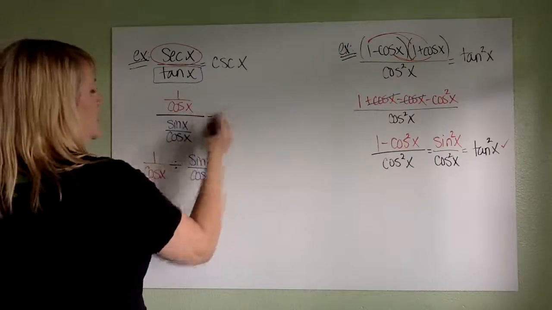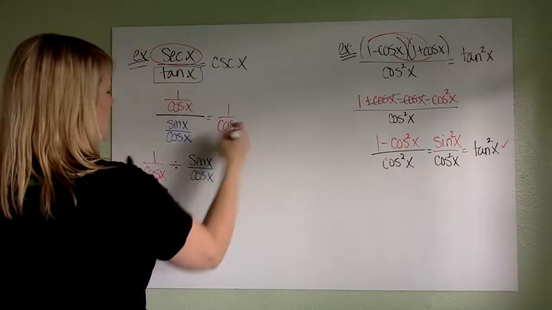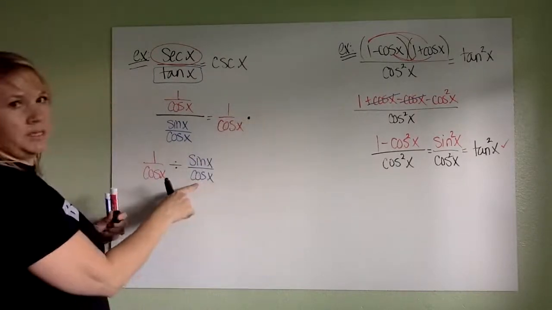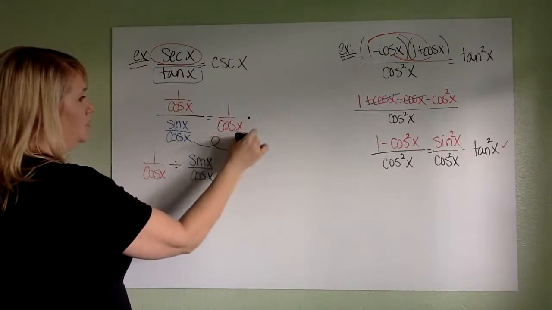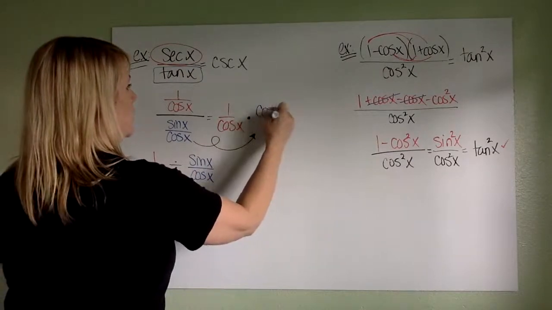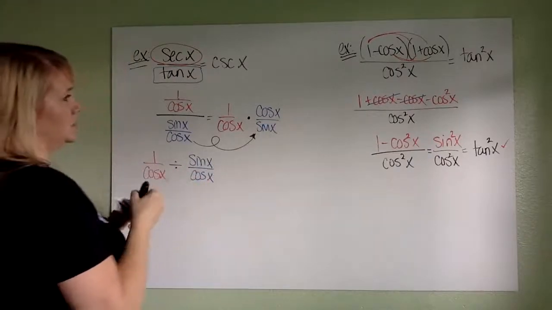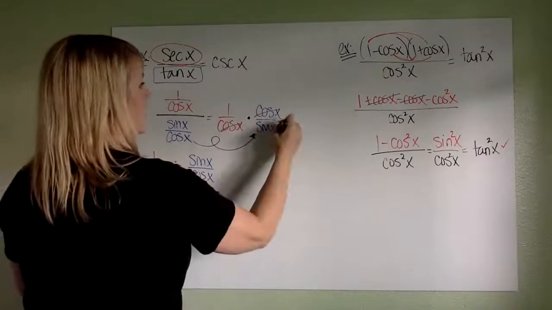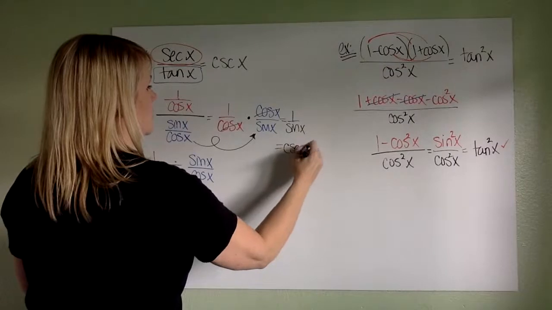We can rewrite that as multiplication of fractions by flipping over the second fraction. So sine over cosine, flip the guy and multiply becomes cosine over sine. Then our cosines cancel. We're left with 1 over sine, which is the cosecant.